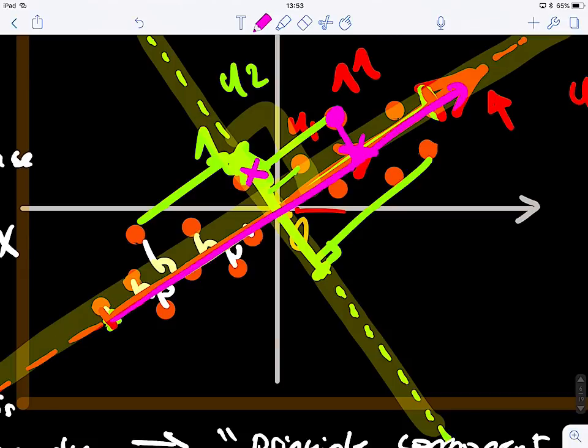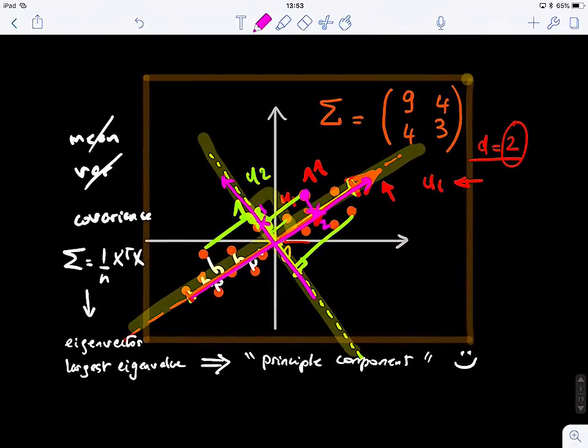So maybe this is 2 and 1. Everything has changed, but still, did I reduce the data if I project onto these 2 axes? No, because originally I have 2 features, and when I projected, I also had 2 features, but these are 2 new features. I extracted 2 new features. So I did not perform any dimensionality reduction.